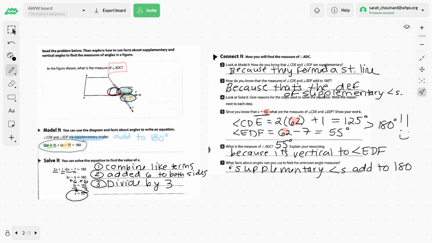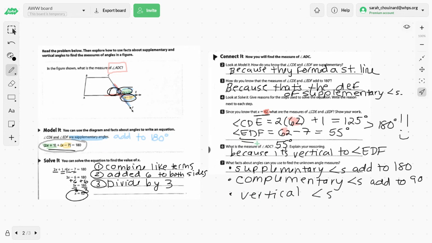That's one rule that we used that helped us set up that equation. Another rule that we used on the last page is complementary angles add to 90. And the last one we use is vertical angles, like EDF and ADC, are equal. So these three things are going to help us set up an equation.